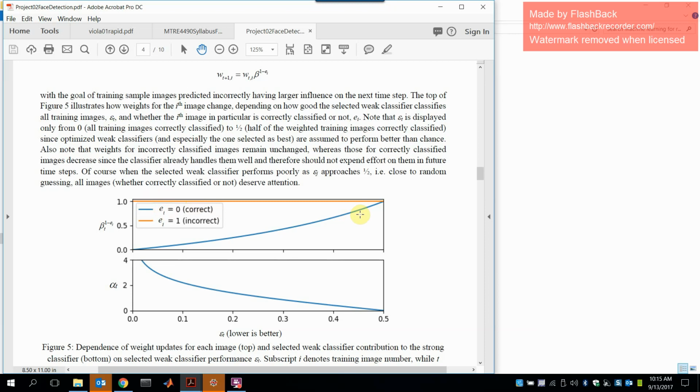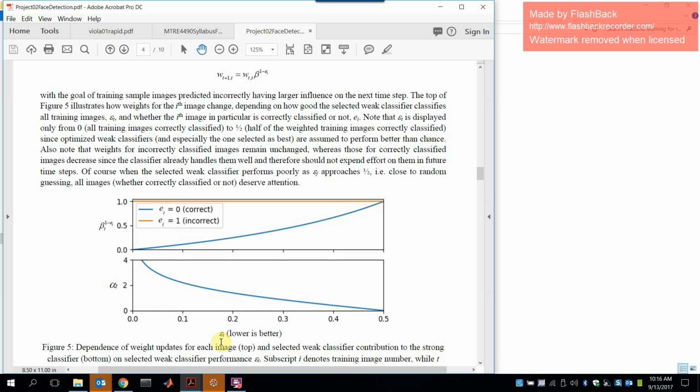Now, how much will it be decreased? Okay? And we're going to ask, what is epsilon t? And epsilon t, the t there is the tth iteration in the AdaBoost. Epsilon t is the error in the best weak classifier. The best weak classifier gets selected, and that's what the t represents. So epsilon t, that is the error in the best one in that case, and that's what's determining whether the images are correct or incorrect, is that classifier.